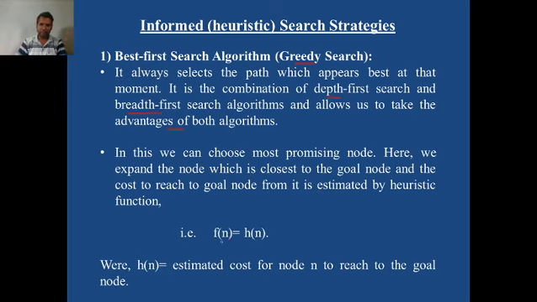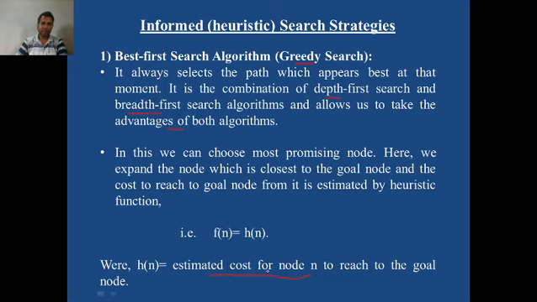Here our h of n, the heuristic function, is nothing but a function value, the cost required to get to the goal node, okay. So h of n is the estimated cost for node n to reach the goal node.